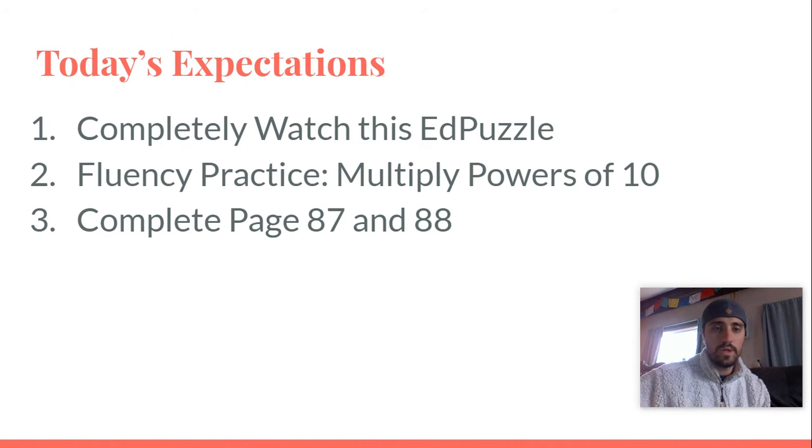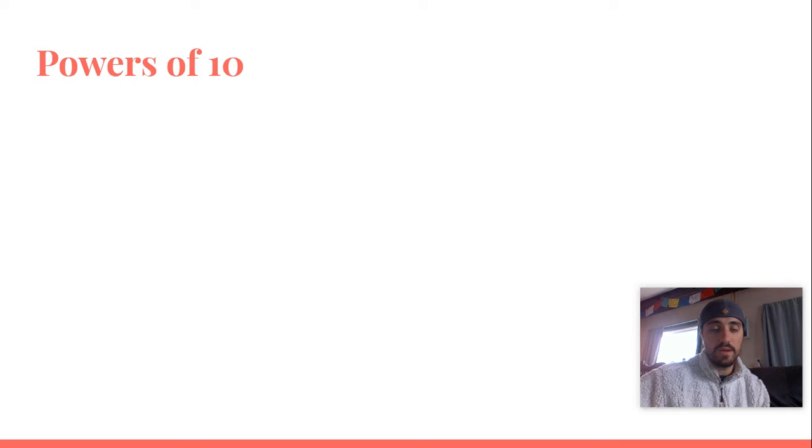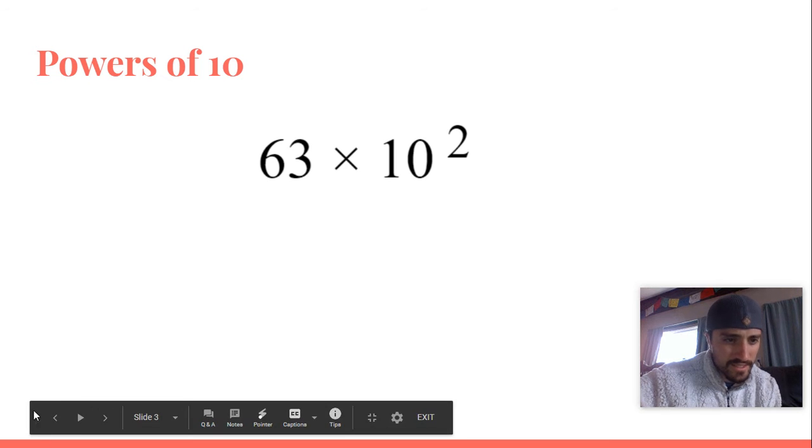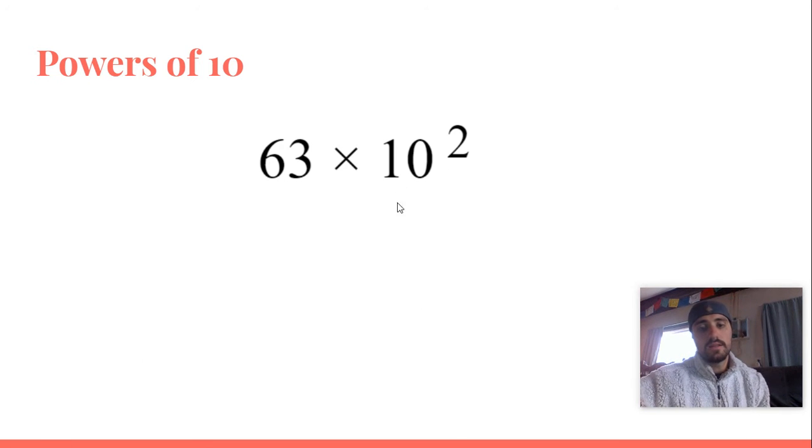Okay, so we are going to be doing multiplying by powers of 10. This is something that we did earlier in the year. So we're going to have 63 times 10 to the second, or 63 times 10 squared. Now remember, this 10 to the second is a power of 10 because we have a base of 10 and an exponent of 2.